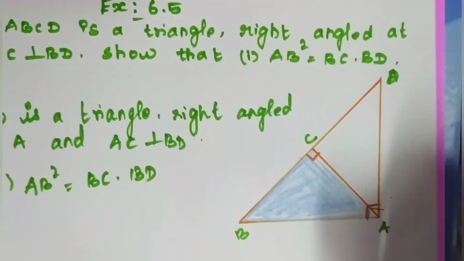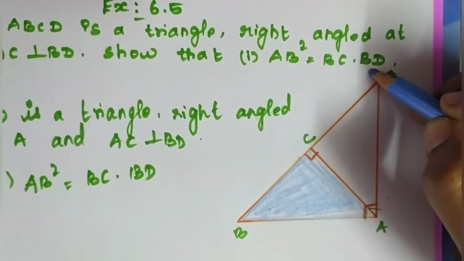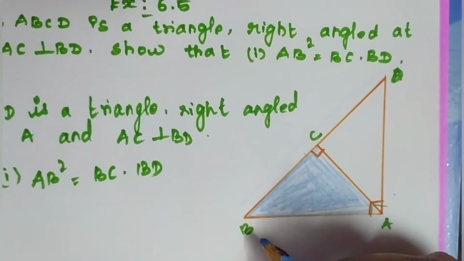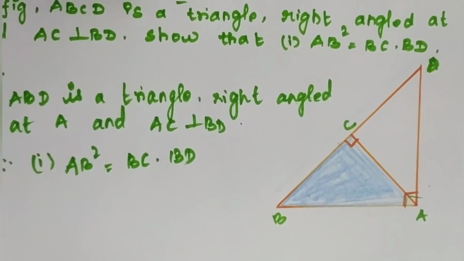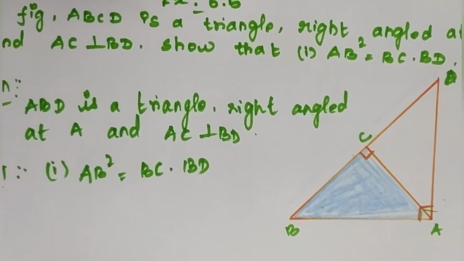And then the full triangle. We have BD only, no? So take the full triangle, that is BDA. Clear? So first, which triangle are we going to take?